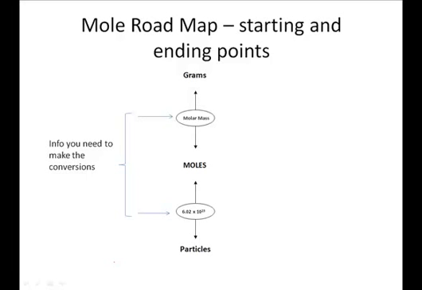Now, when solving from grams to moles, the information that you need is only the molar mass. And when solving from moles to particles, the information you need is Avogadro's number. You cannot make one leap from grams to particles. You always need to stop here at moles in order to convert between these two units.